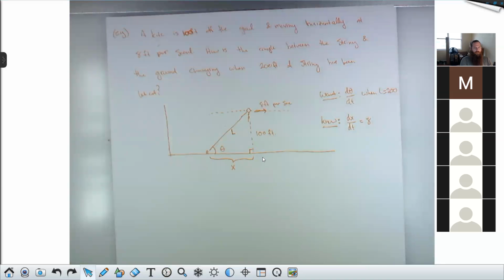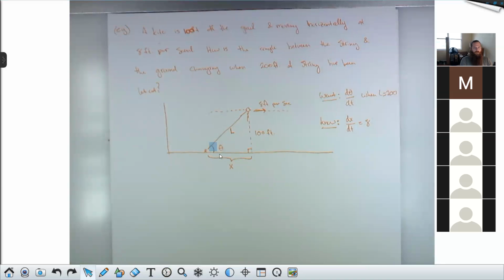Because the thing I'm after has to do with this angle down here, which means I'm going to need to introduce some trigonometry. A squared plus b squared equals c squared doesn't help me at all with angles, at least not directly.